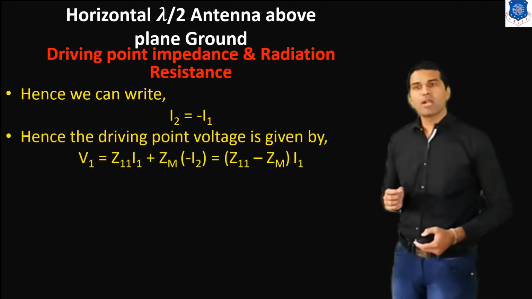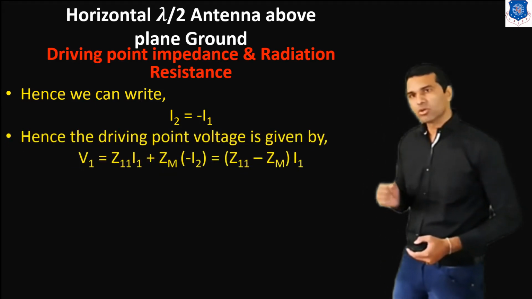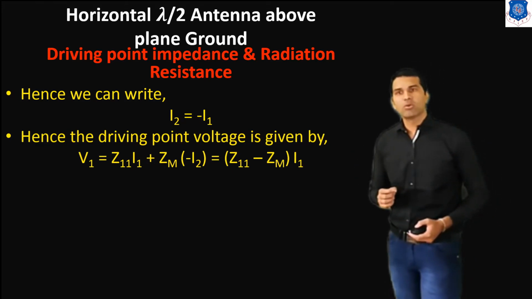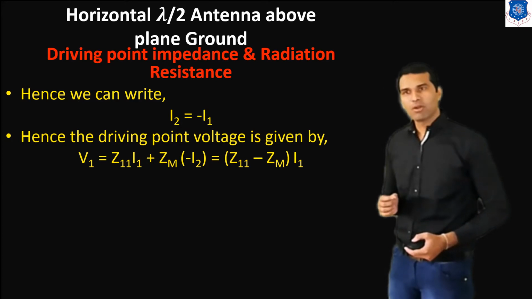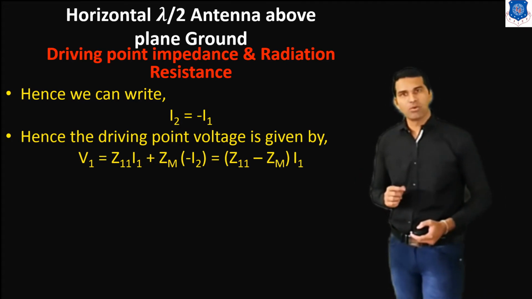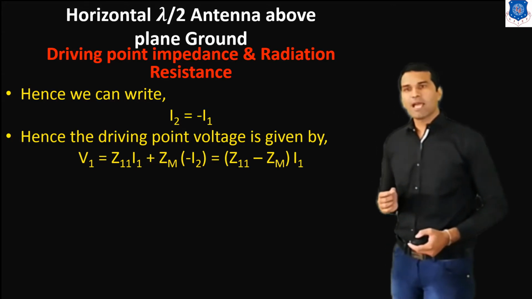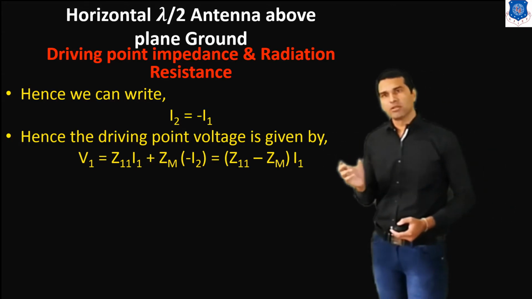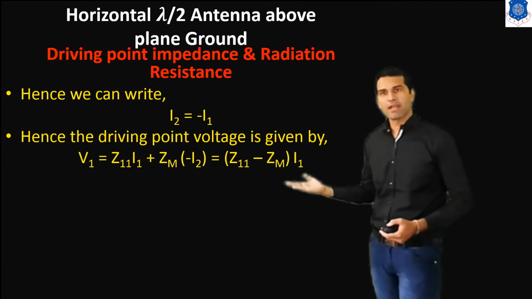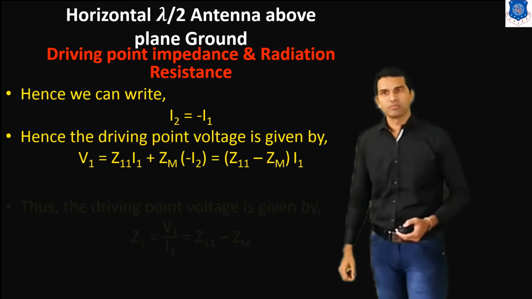So the two currents are out of phase, so we can write I2 equals minus I1. Hence the driving point voltage equation also changes. Instead of I2, we write I1. So V1 equals Z11 I1 minus Zm I1. So I1 is common, and we can write the equation as Z11 minus Zm times I1.